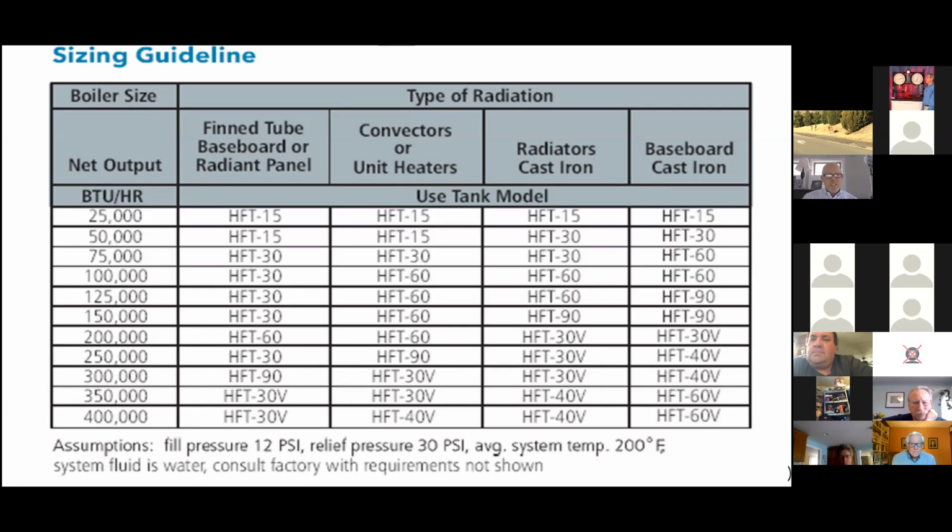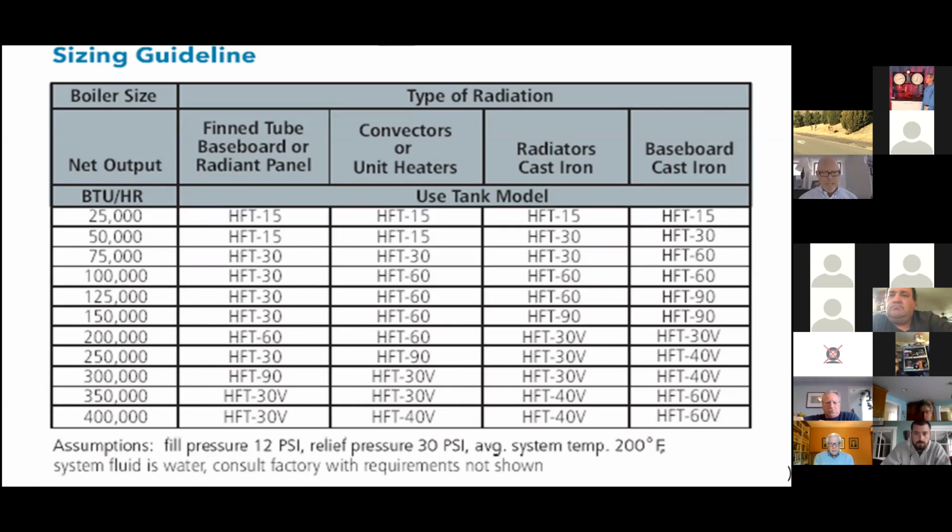I have a 150,000 BTU boiler. What tank do I buy? Right in this chart, you can see that I could use three different size models for the same 150,000 BTU boiler. So you quickly realize that water volume plays a huge part, and BTUs have virtually no part in how you size a tank.